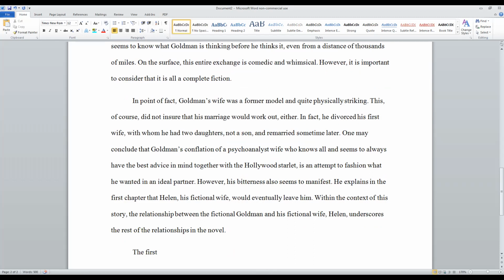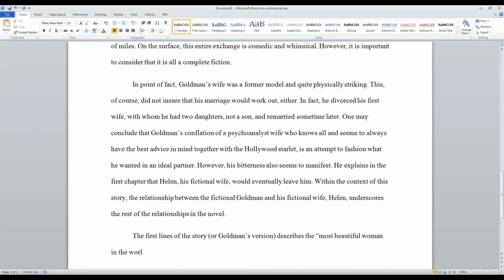The first lines of the story, or Goldman's version, describe the quote, most beautiful woman in the world at the time of the birth of Buttercup, the titular character.